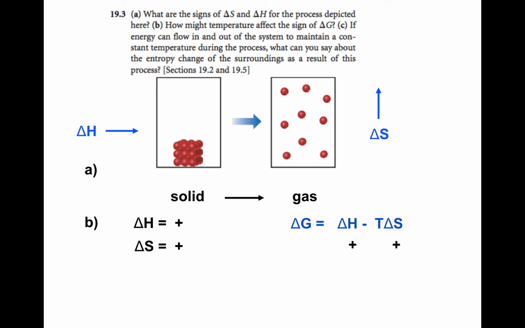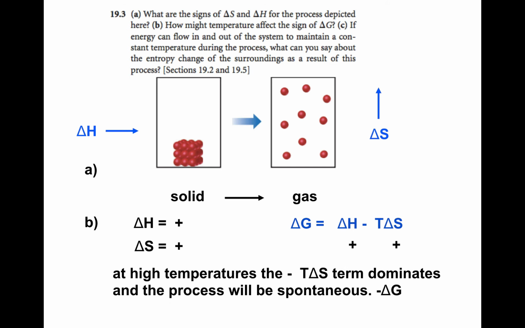So negative T times a positive value gives me a negative value for delta G. So at high temperatures, this process will be spontaneous. At low temperatures, it won't be. All right, so this is the relationship between change in enthalpy and change in entropy as a way of figuring out whether we're going to have a spontaneous process or not.